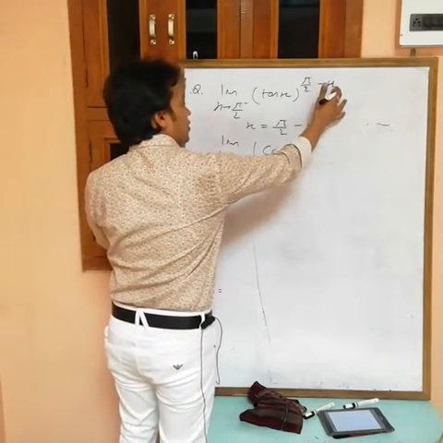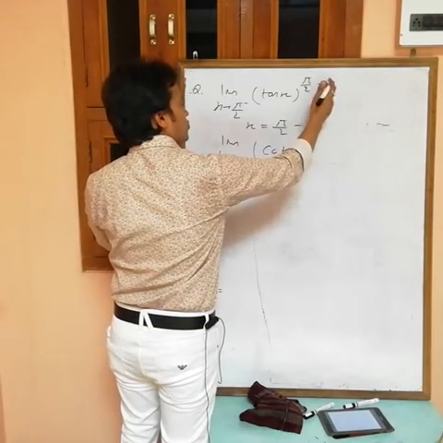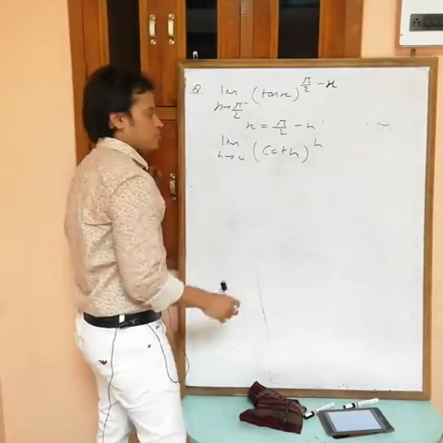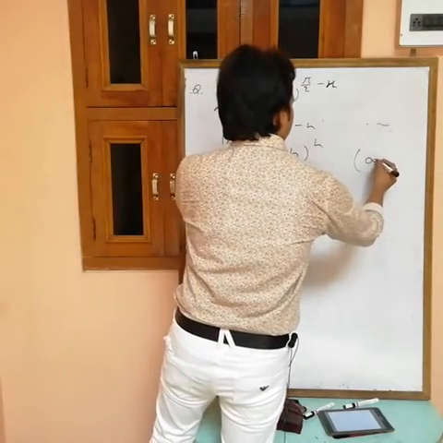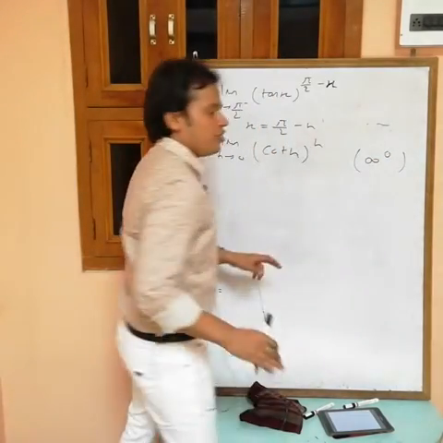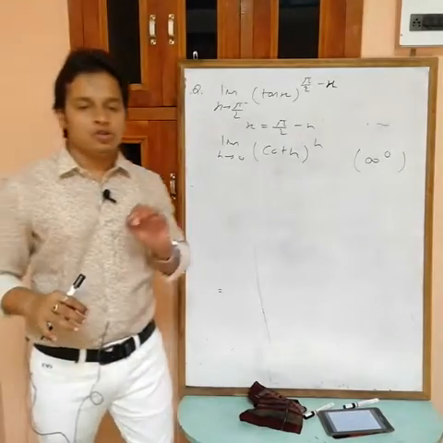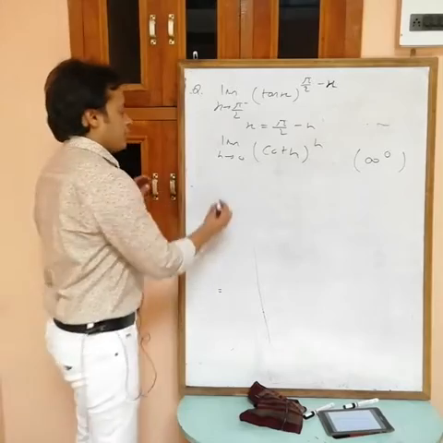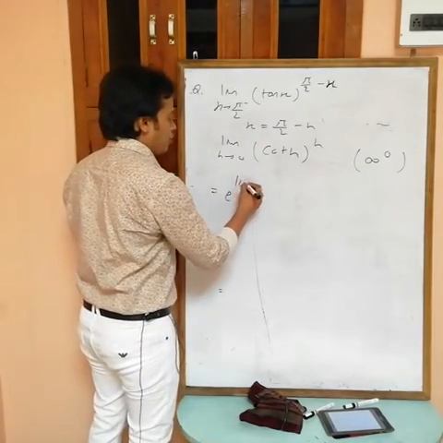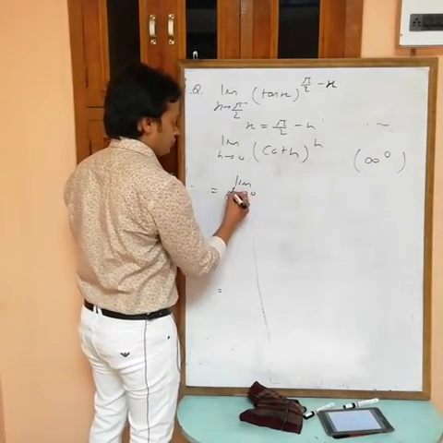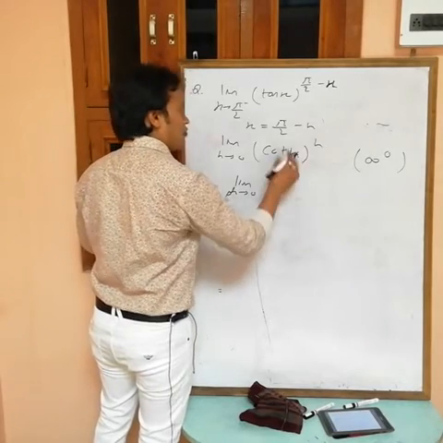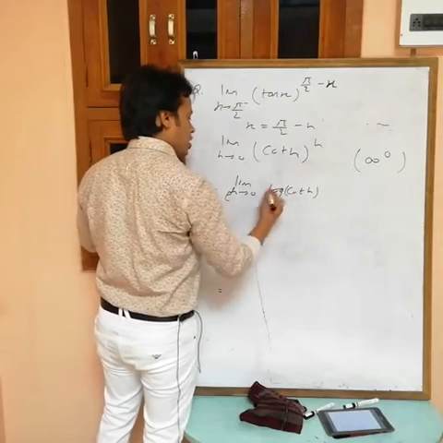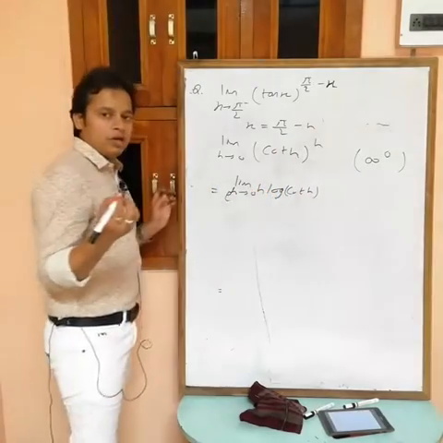If you put pi by 2 minus h, pi by 2 cancels out, minus minus h is plus h. If you put h equals 0, cot 0 is infinity, and the exponent is 0, so it is an infinity power 0 form. Now for 0 power 0 or infinity power 0, we have the same process. Write this in terms of e power limit h tending to 0, log of cot h, power h, h in multiplication.